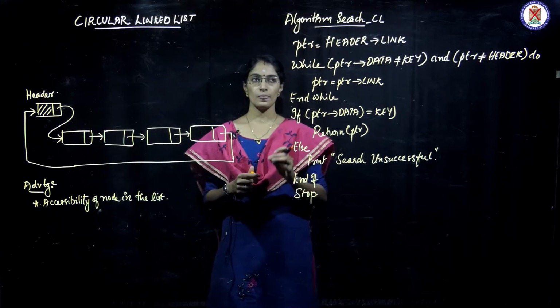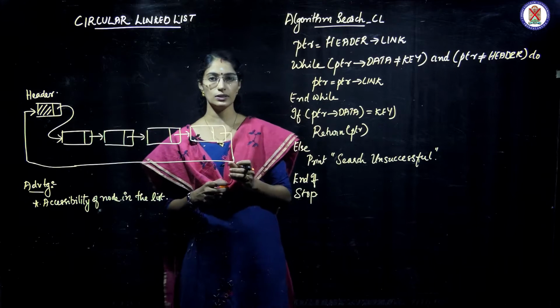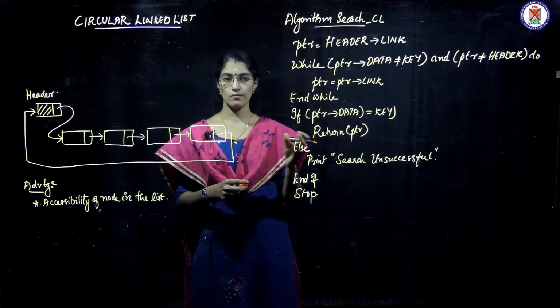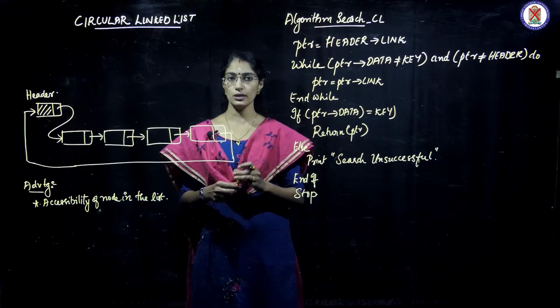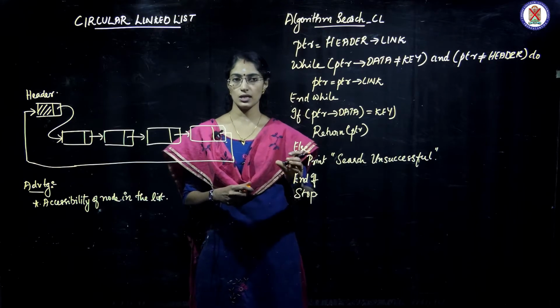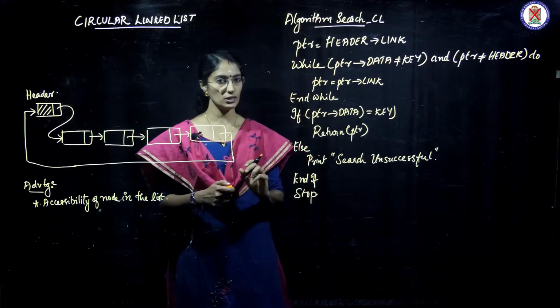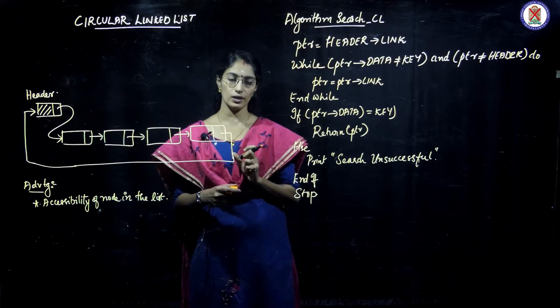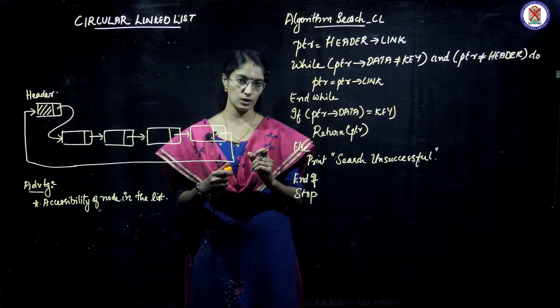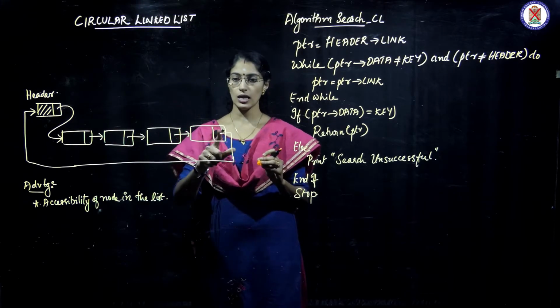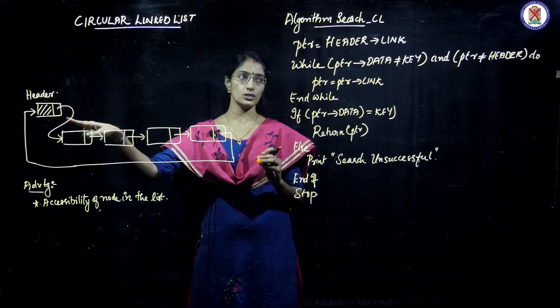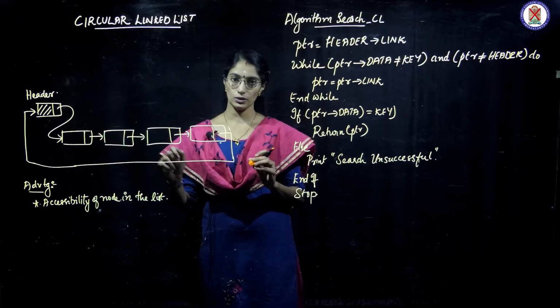Next we can see the implementation of search algorithm in circular linked list. We have seen how we can do search algorithm in single linked list. The same is the concept except for one of the conditions. There we have used a flag variable. Here we need not use a flag variable because we can go on searching until you find the key or you reach the header node, right?